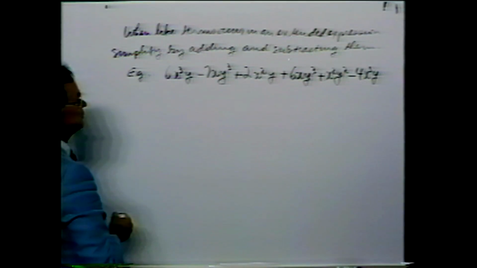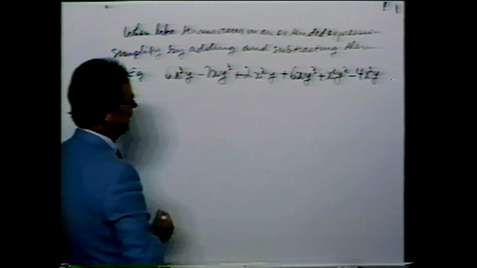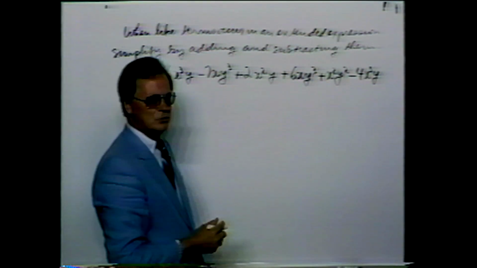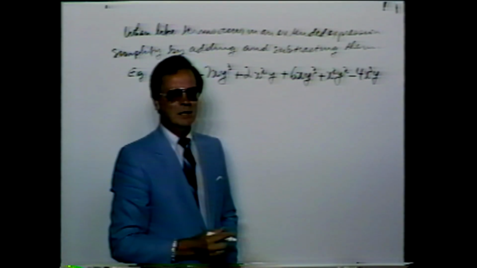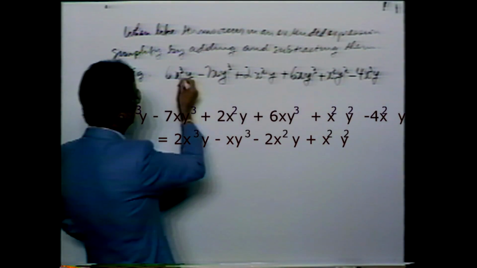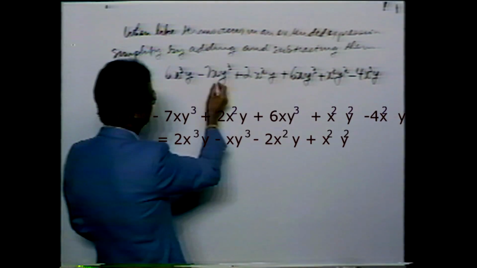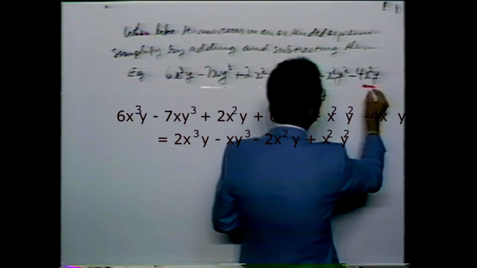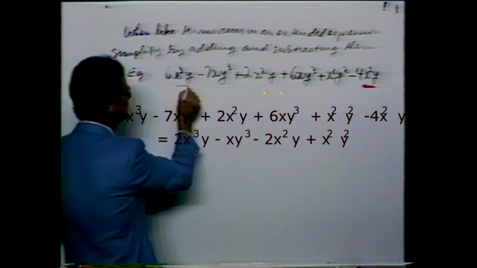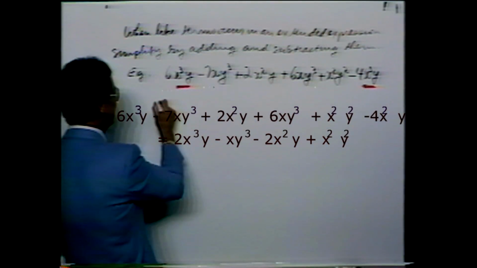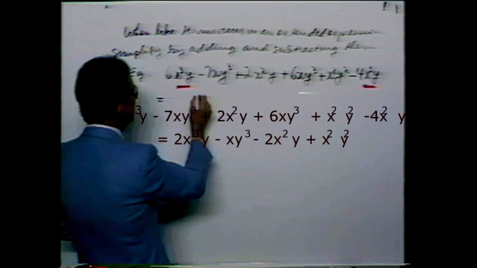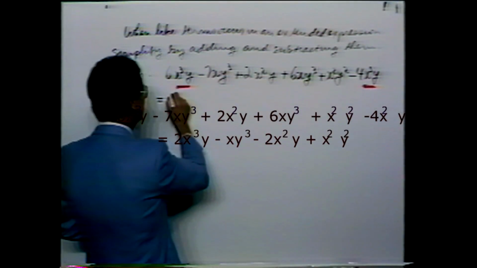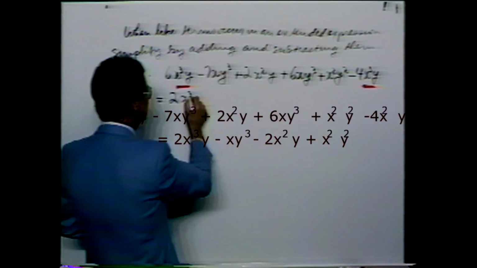Look at the expression very carefully and find those terms that have identical literal coefficients. This is x cubed y. This is not the same. Here at the end, x cubed y and x cubed y, for that part of the expression, we want to write 6 subtract 4 is 2x cubed y.